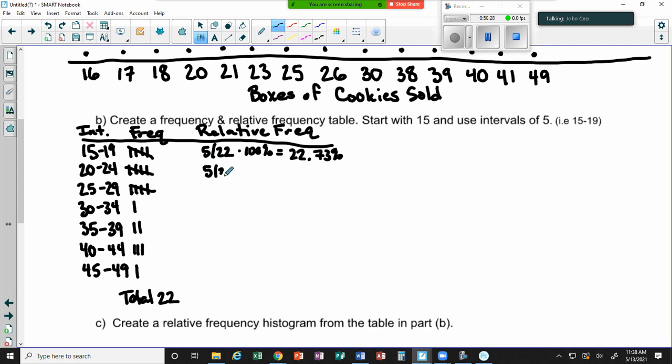So that's going to be the same for all of these. One divided by 22 times 100.